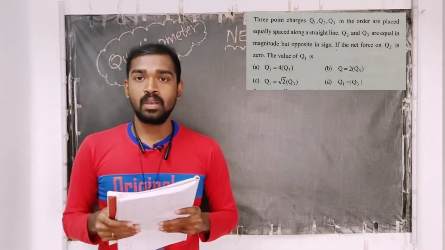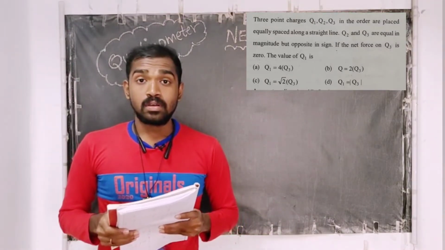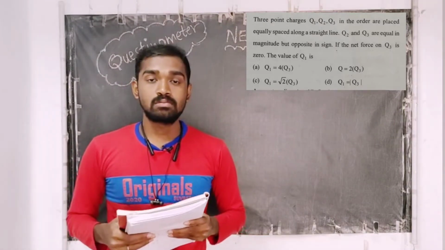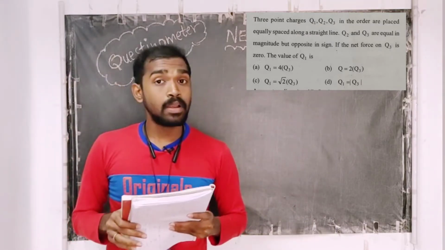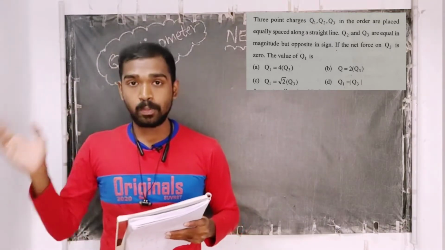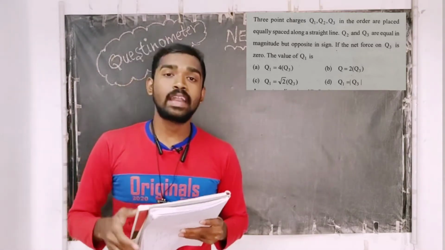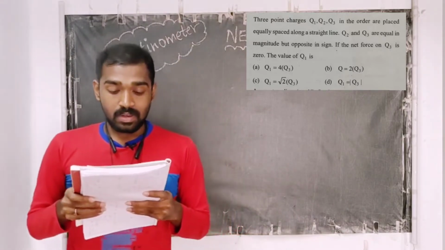For example, if Q2 is plus 5 coulomb, instantly Q3 is minus 5 coulomb. Got it? Because they are equal in magnitude, 5 coulomb, but opposite in sign. Q2 is positive and Q3 is negative.